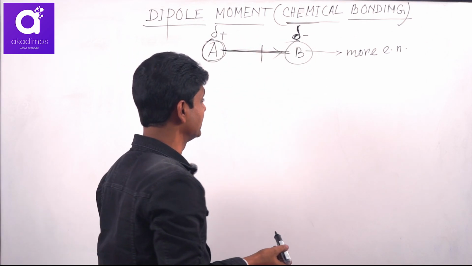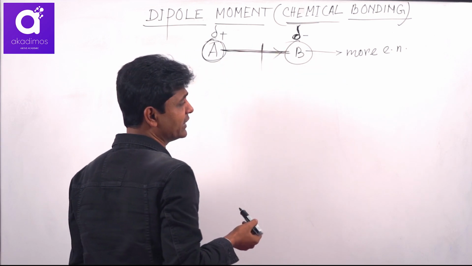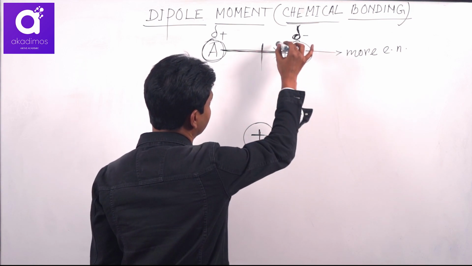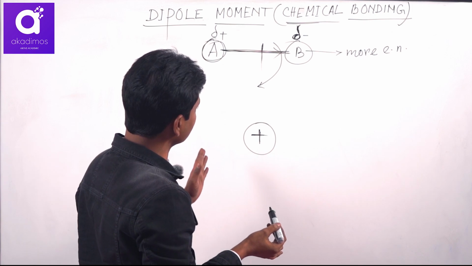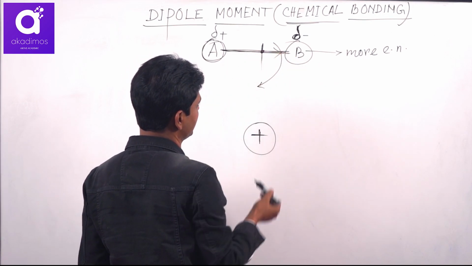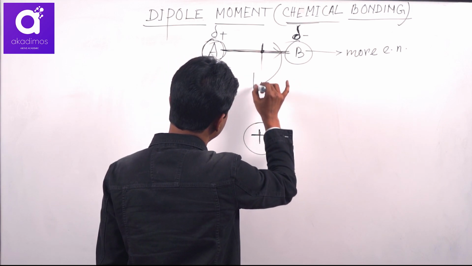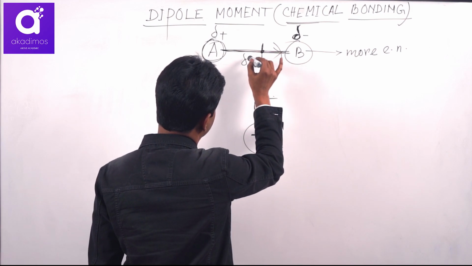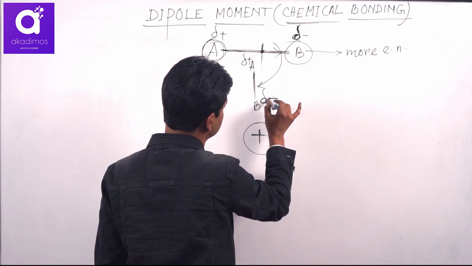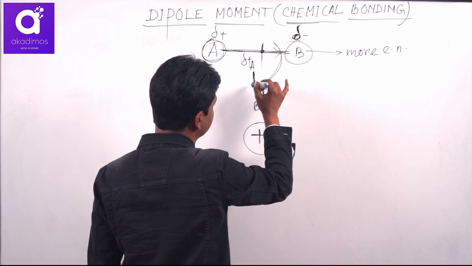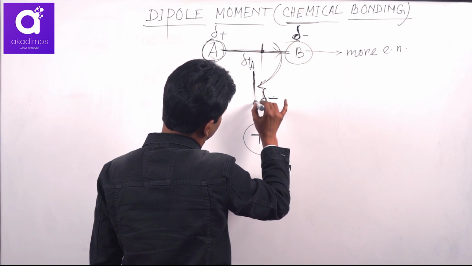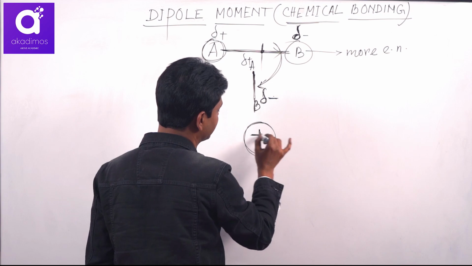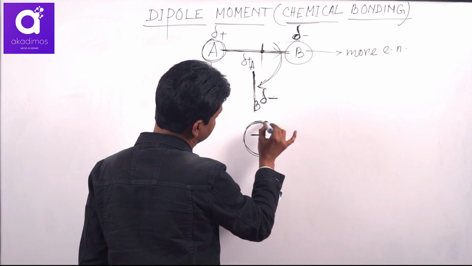Now what is dipole moment? Actually, it is defined with respect to a positive electric field. If I take a positive electric field here, you will see that you get a moment. The molecule will rotate around its own axis, that is the bond axis, and its orientation will be B to A, with delta minus on B and delta plus on A. Due to electrostatic attraction, it will rotate and orient in this direction, and move towards the positively charged electric field.